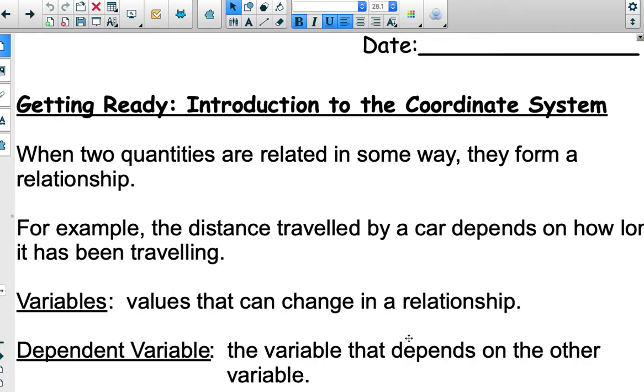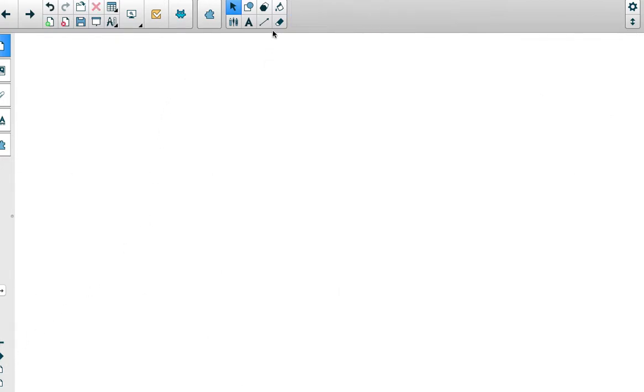to graph. So just starting to go over this slide, when two quantities are related in some way, they form a relationship. So in math, this is a big thing, is we want to look for relationships between two sets of data. So possible relationships that we might look for: Is there a relationship between, say, temperature and ice cream sales at the beach?